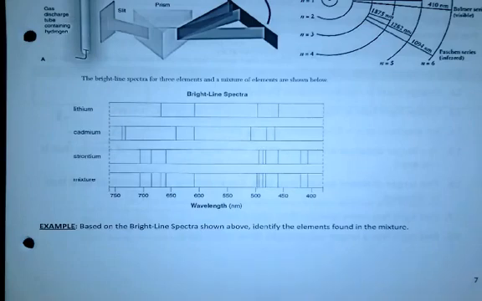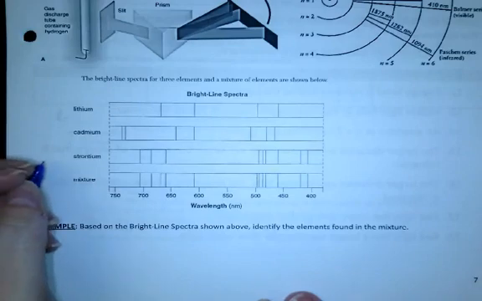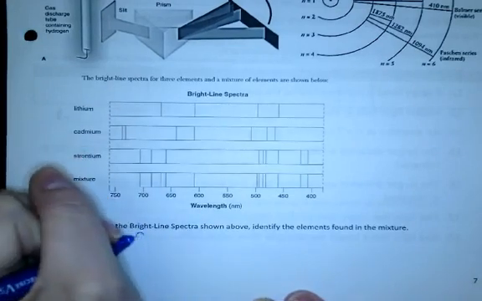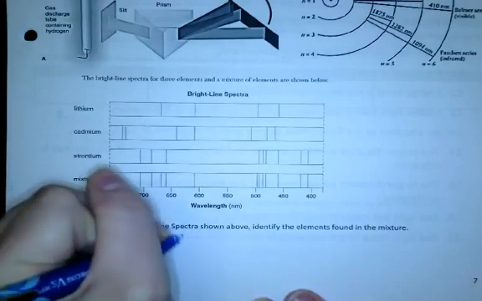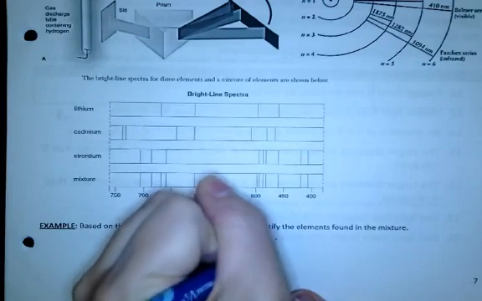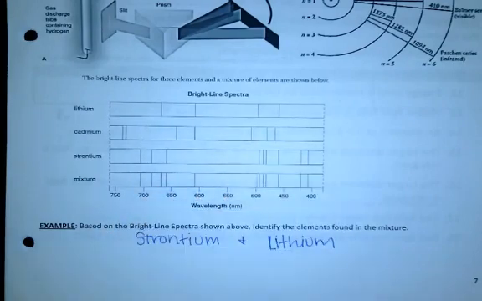You have to have all of these lines from strontium and lithium in order for it to be recognized. So these are from strontium and lithium. Okay, strontium and lithium.